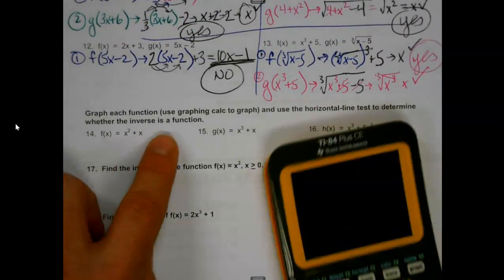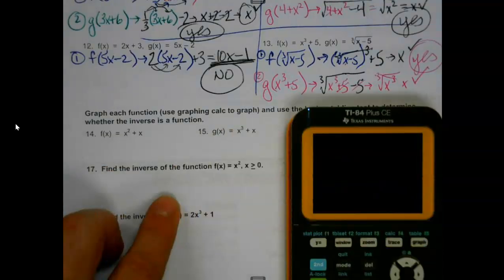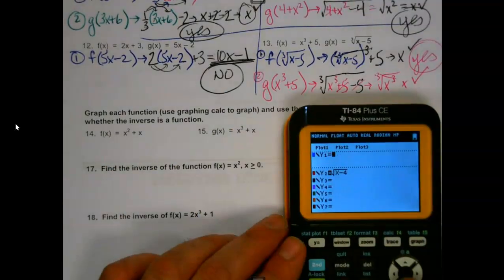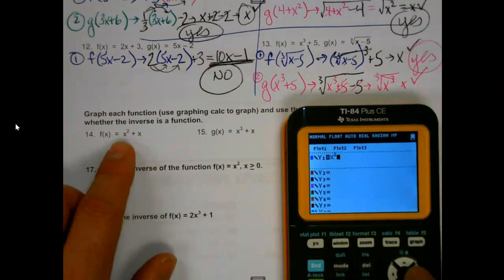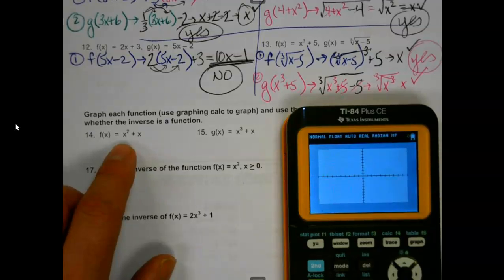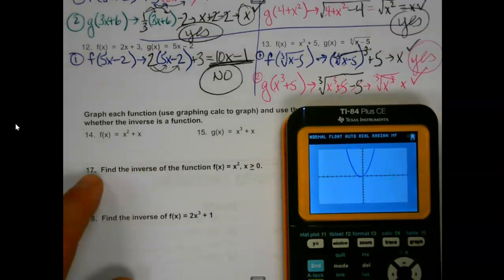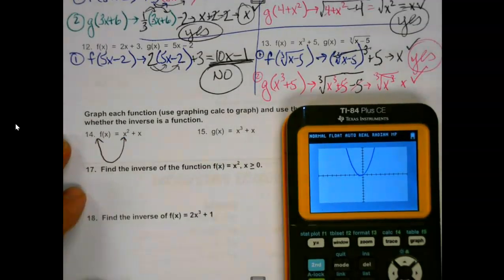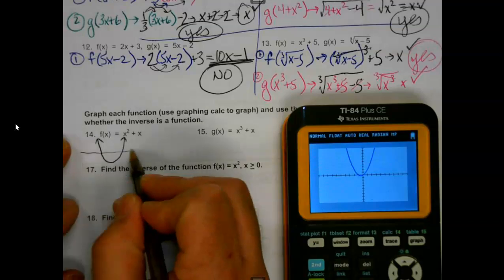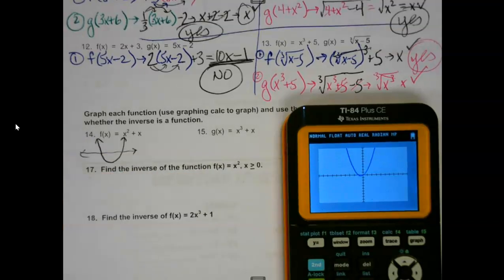So graph the function and use a horizontal line test to determine. So let me clear this out. I'm just going to make a quick sketch of that. And remember, all you're doing is using the horizontal line test to test.